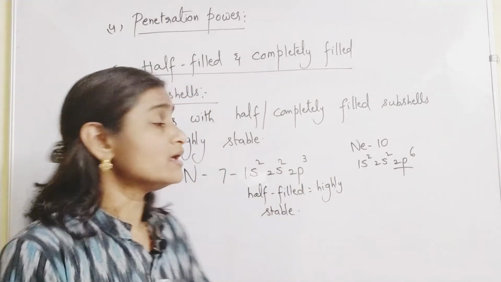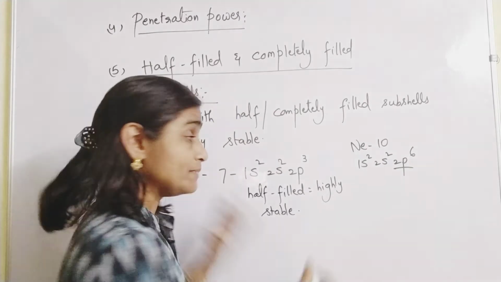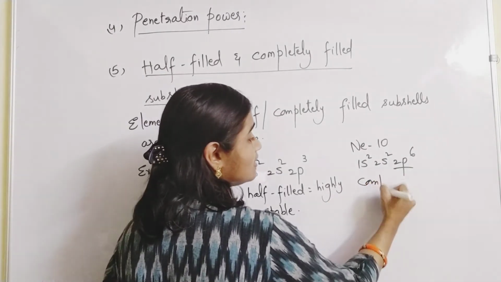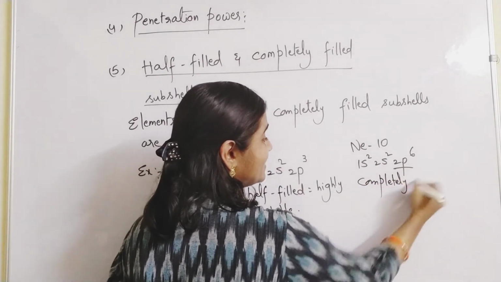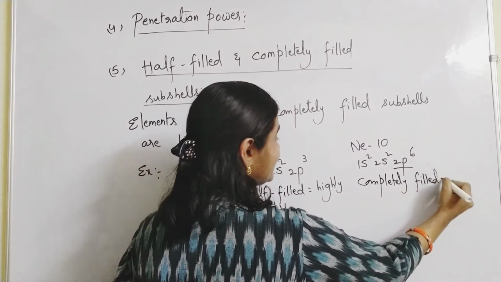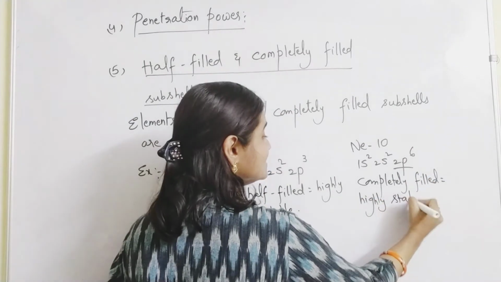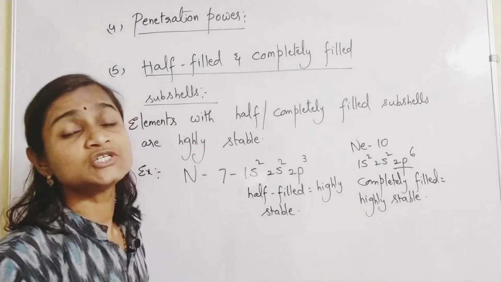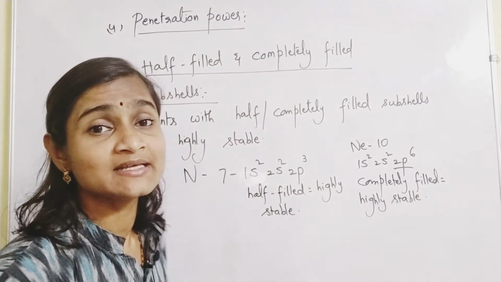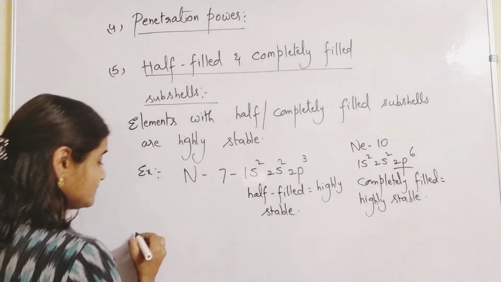Completely filled means highly stable. So it is difficult to remove an electron from such elements because of their high stability.